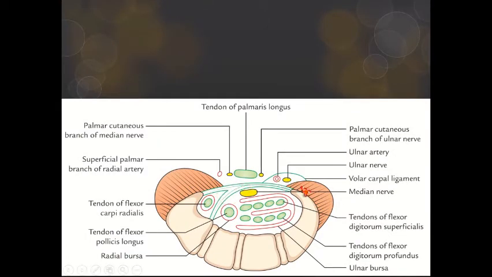Let us see that. From medial to lateral, we have the ulnar artery and ulnar nerve, then the palmar cutaneous branch of the ulnar nerve, then the tendon of palmaris longus, then the palmar cutaneous branch of the median nerve, and most laterally the superficial palmar branch of the radial artery.